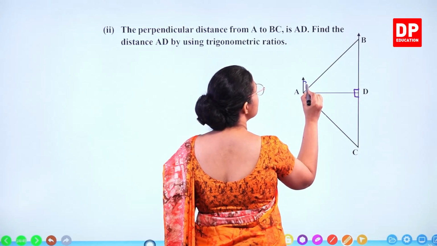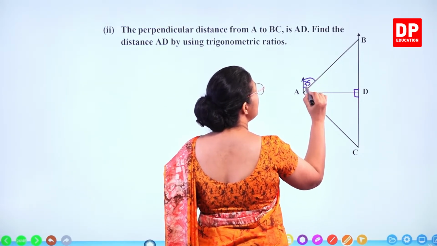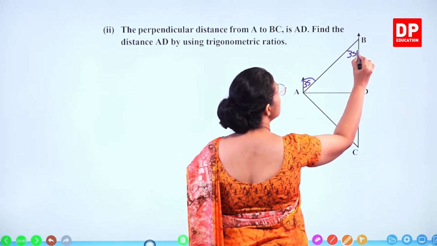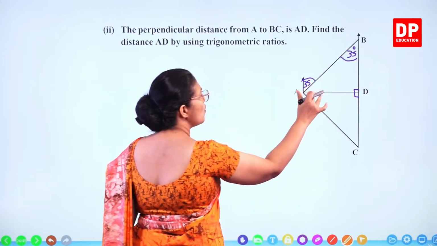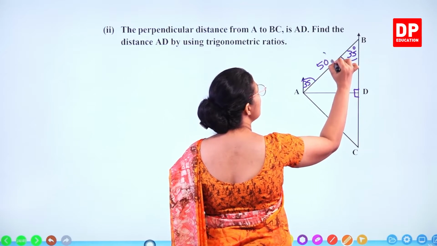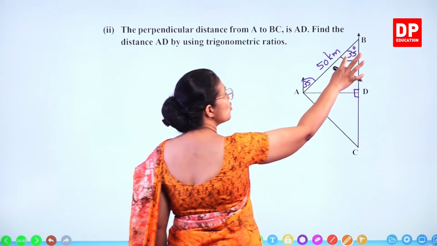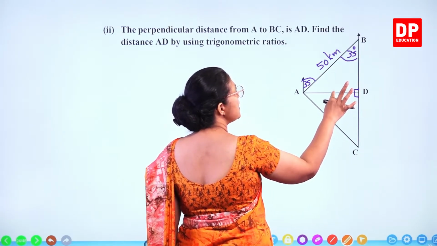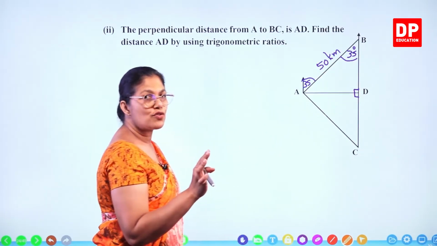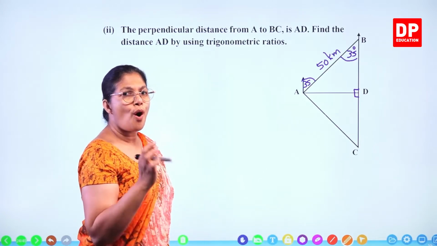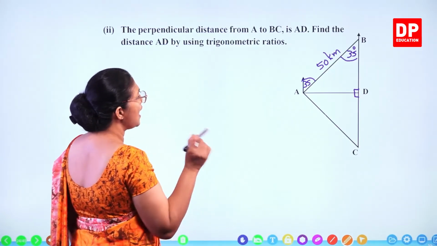So we found this is 35 here. And that 35 means this is also 35, because alternate angles are equal. And this is 50 given. So we need to find the AD distance. To this angle, this is opposite and this is hypotenuse. So what is the suitable ratio? Opposite over hypotenuse is the sine ratio.